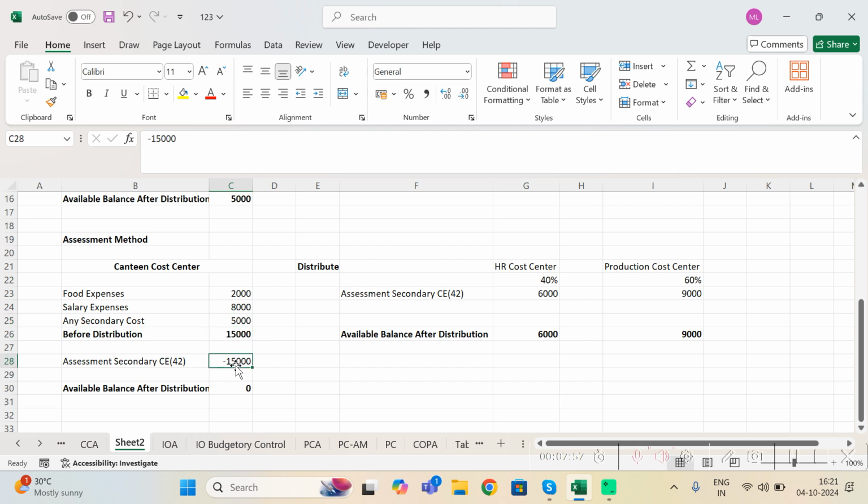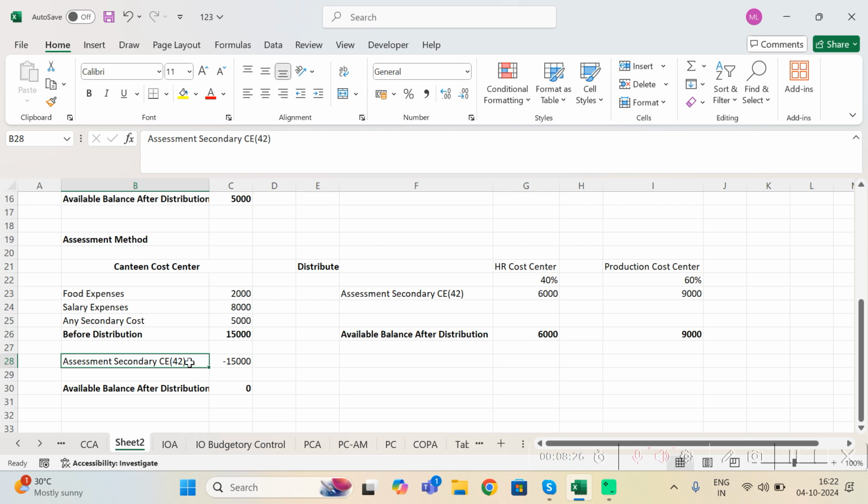So in the assessment, the first advantage is that it will allocate either primary cost element posting or secondary cost element posting. All the amount it will allocate. So here 15,000 will become minus, but here you are not crediting the original cost element. Rather you are bringing another cost element which is created at cost element category 42.